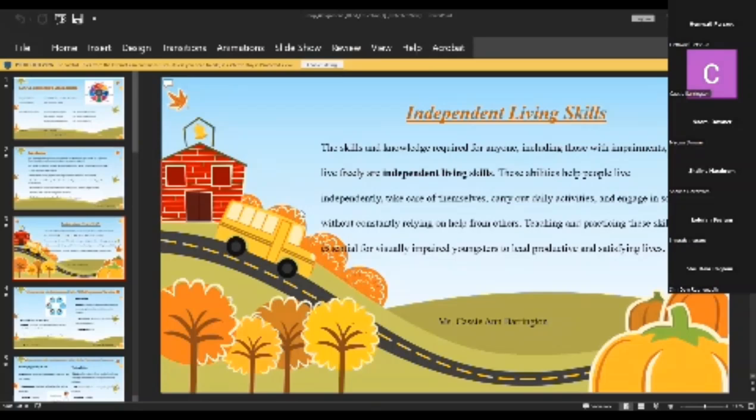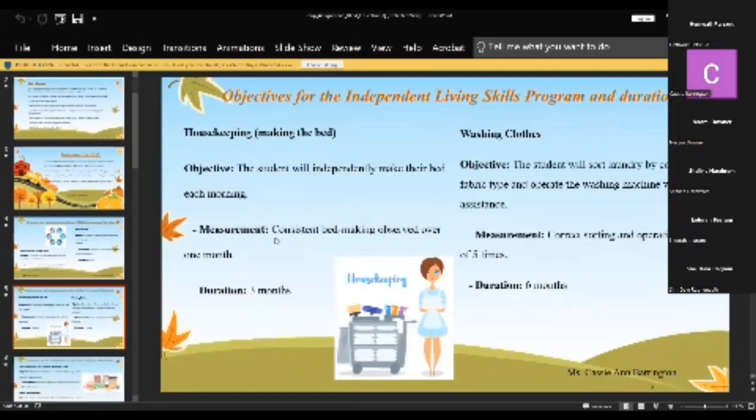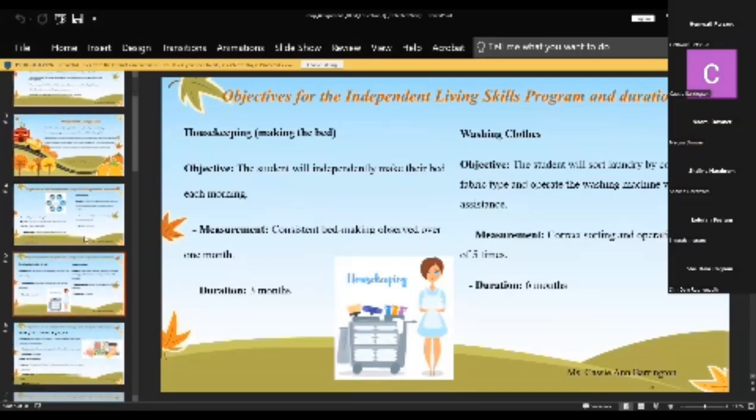Here are some examples of what independent living skills look like. The first one is personal hygiene, such as brushing your teeth or getting dressed. Housekeeping, such as making the bed and washing your clothes.